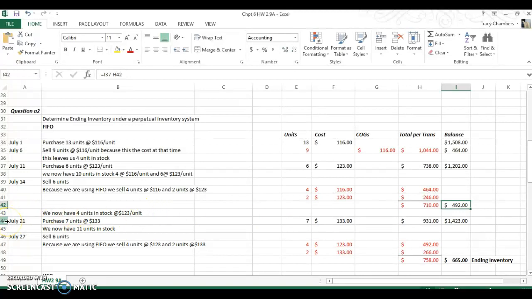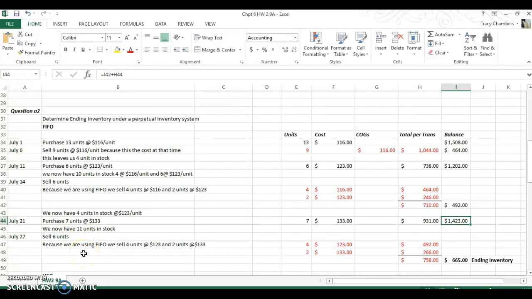On July 21st, we purchased 7 units at $133 per unit, a total of $931. We add this to our balance and we get a new balance of $1,423. On July 27th, we sell 6 units.